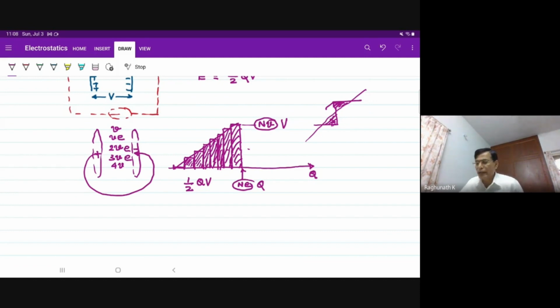Whichever way you understand, listen carefully. The work is the integral of small v dq.